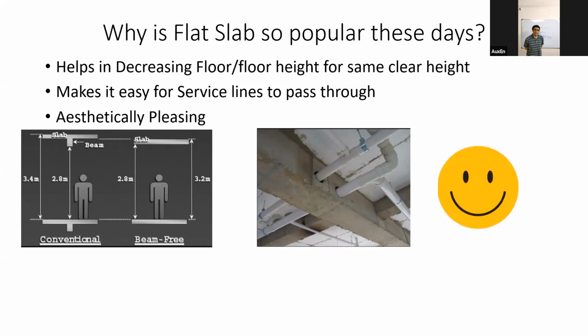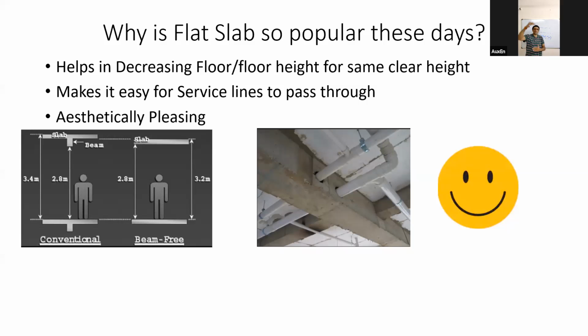So in this example that I have just shared, how much height are you saving for each floor? You are saving 0.2 meters for each floor. So let's say in 13 or 14 floors, you get an additional story in case of a flat slab.